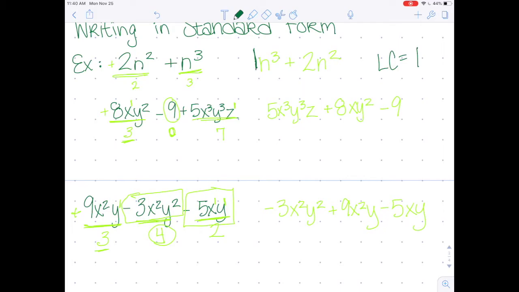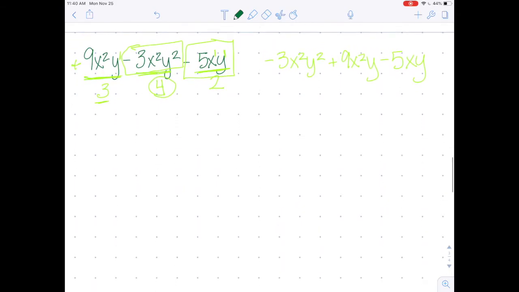Alright, in the second example, we had 5x cubed y cubed z as our greatest degree term. So the coefficient that goes with this term is 5, so the leading coefficient is 5. And in this last example we just did, the highest degree was the term negative 3x squared y squared, so our leading coefficient is negative 3.